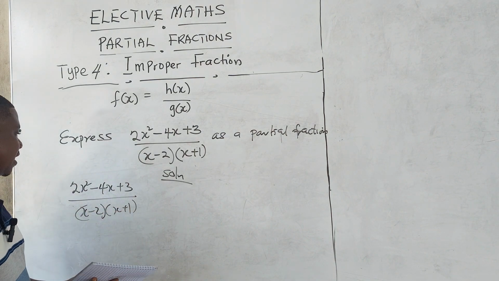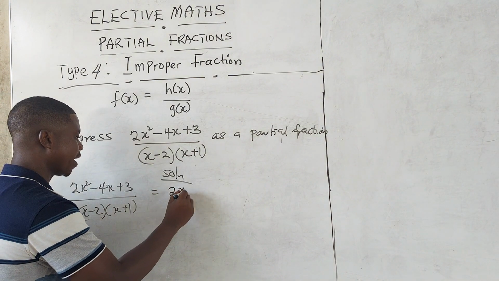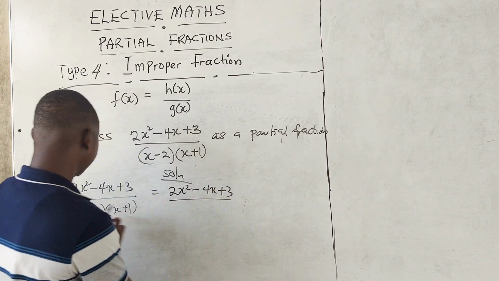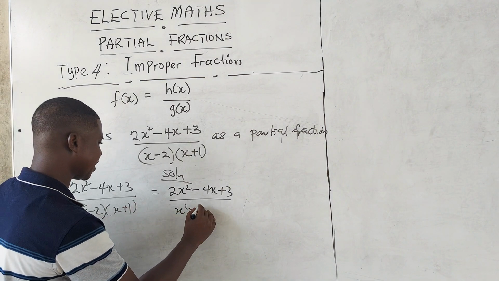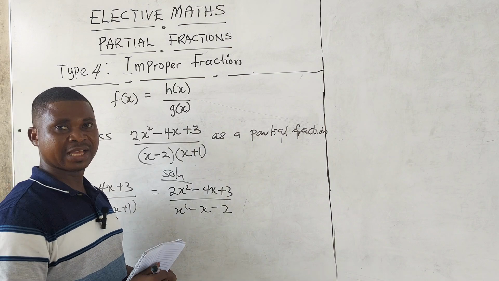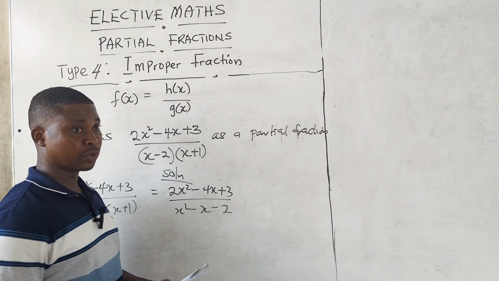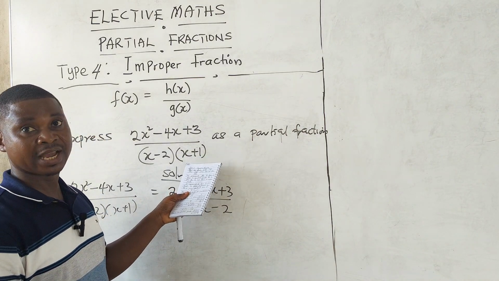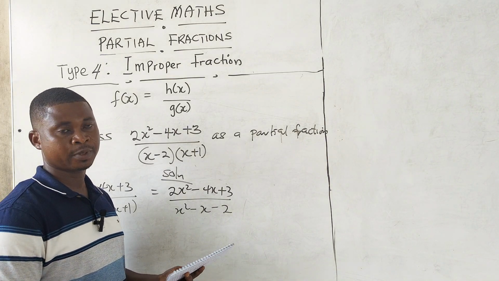When you expand this, the numerator is 2x squared minus 4x plus 3, and the denominator is x squared minus x minus 2. So looking at this, you realize the highest power of x in the numerator is squared, and the highest power of x in the denominator is also squared. So this makes it improper.